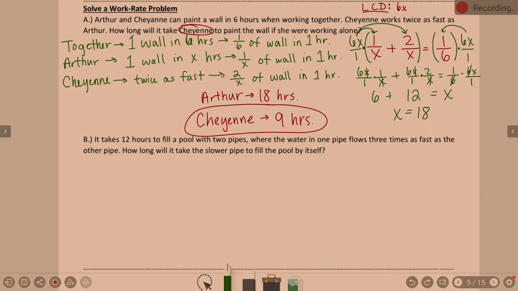What do we know about the 2 pipes together? It's 12 hours. And so if it's 12 hours, right, they can fill one pool in 12 hours. So what is that rate? 1 pool in 12 hours, so 1/12 rate.